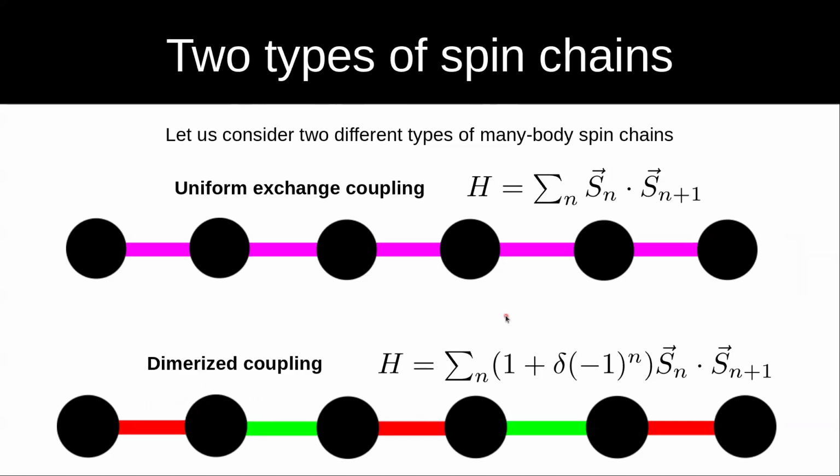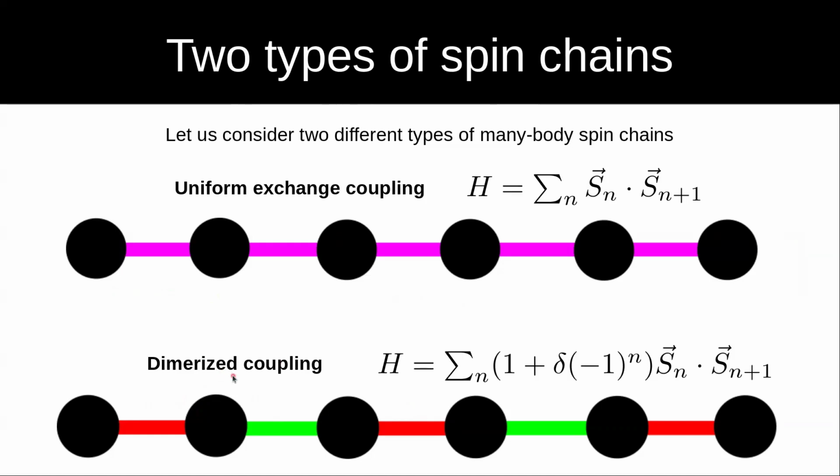And these two models actually have relatively different physics. The model with uniform exchange coupling in the thermodynamic limit is gapless, meaning that you have excited states with as small energies as you want, whereas the system that is dimerized in the thermodynamic limit has a gap.